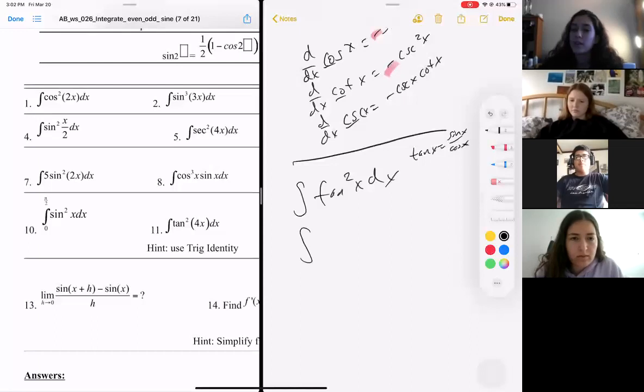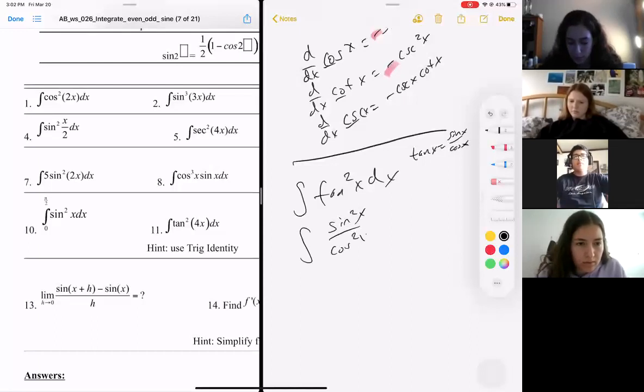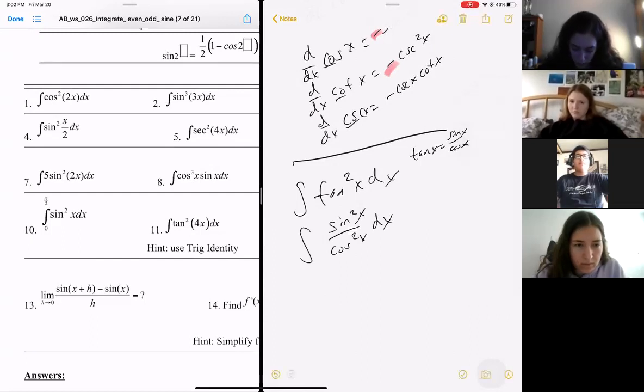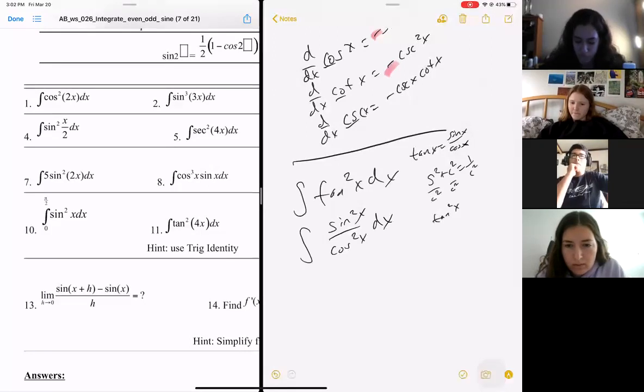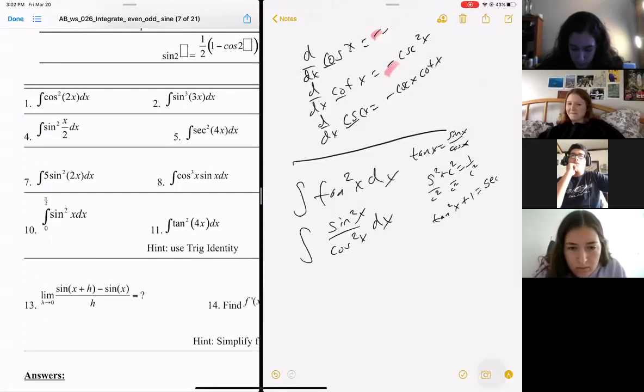So if I write integral of sine squared x over cosine squared x dx, maybe I could use this. Maybe I have a different identity, and this is something we have to experiment with. If you remember, sine squared plus cosine squared is equal to 1. If I divide this by cosine squared, this could be tangent squared x plus 1 is equal to secant squared x.